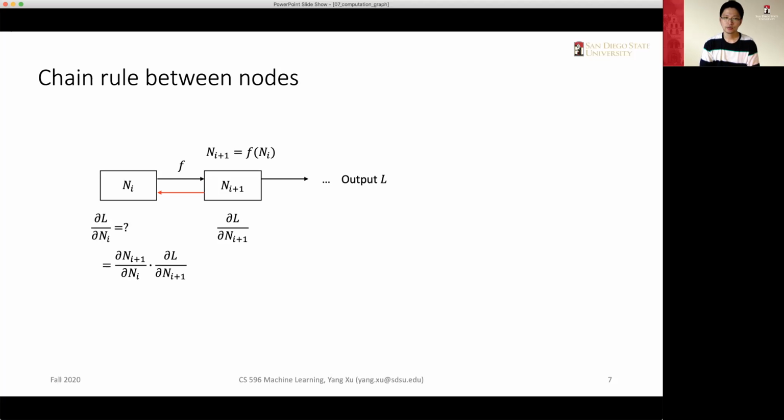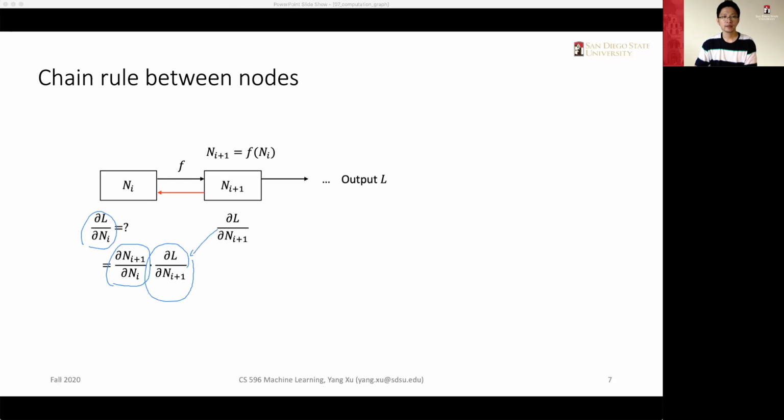So the chain rule of taking derivatives tells us that we can compute the derivative of L with respect to ni by first taking the derivative with respect to the next node, the future node, and multiplying it with the derivative of ni+1 with respect to ni.